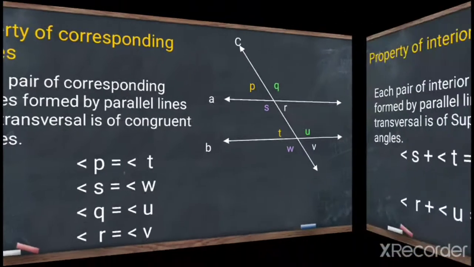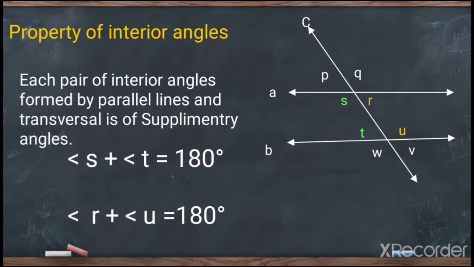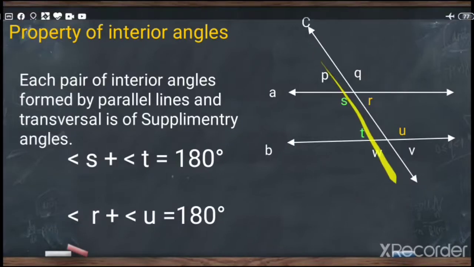Let's see the next property related to interior angles made by parallel lines and transversal. These angles are supplementary angles. In the next slide, you know that angle Q and angle U both are corresponding angles. These corresponding angles are formed by two parallel lines and one transversal.